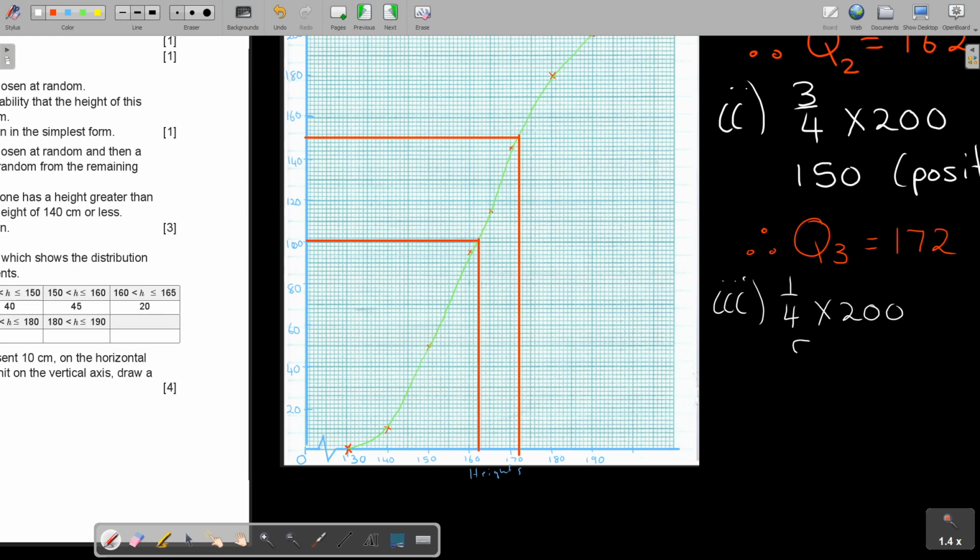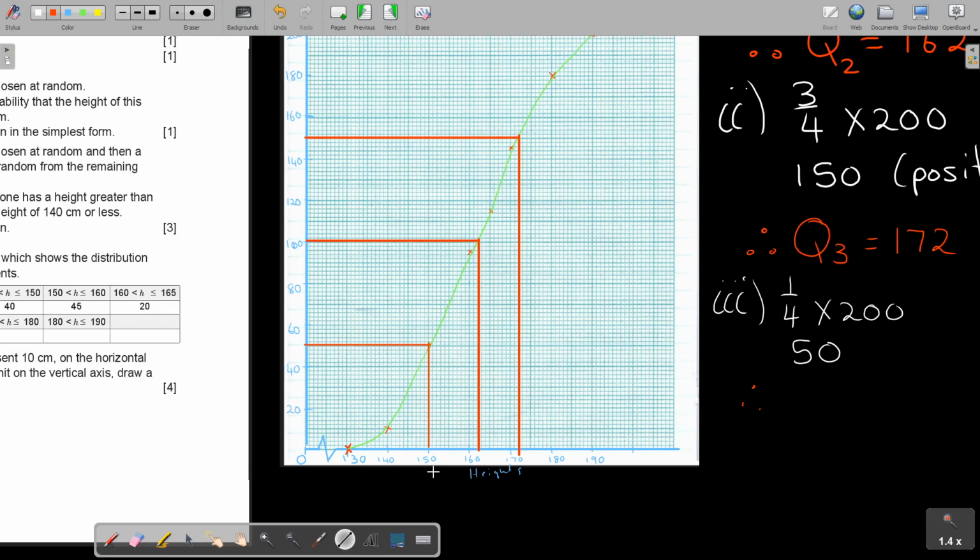And what will that be? The position is 50. So therefore, okay, again, where's 50? Can you see where's 50? I see it here. It cuts, I go down. Oh, it looks like on the dot 150. Okay.